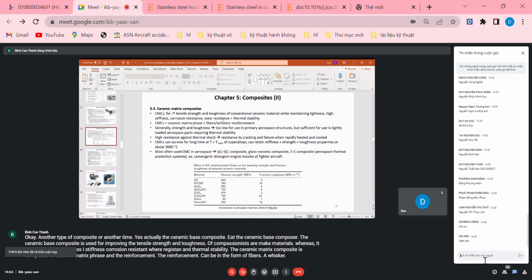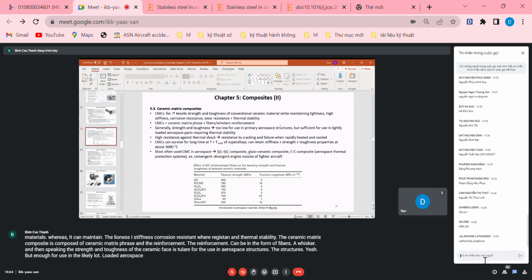And generally speaking, the strength and toughness of the ceramic phase is too low for use in aerospace structures, but enough for use in lightly loaded aerospace parts requiring thermal stability, for example, the brake pad.